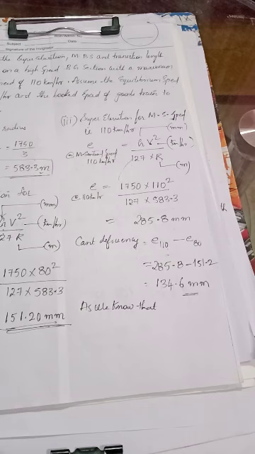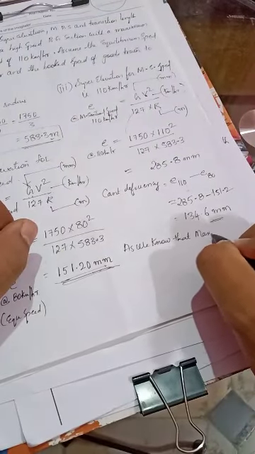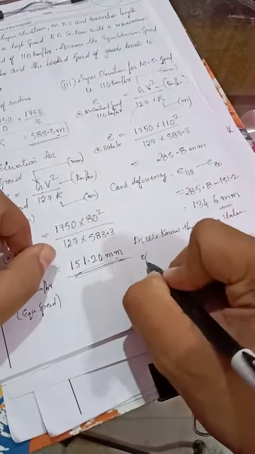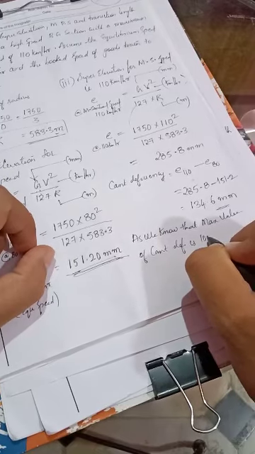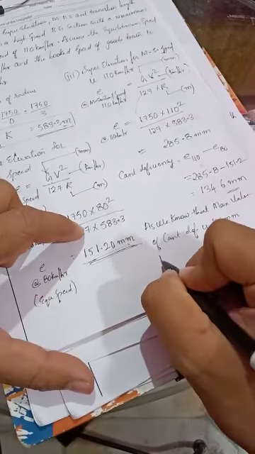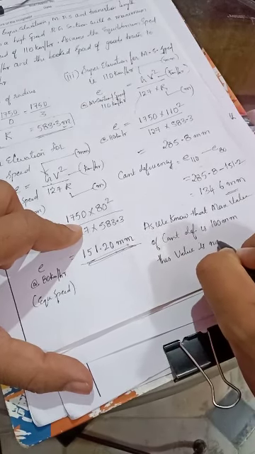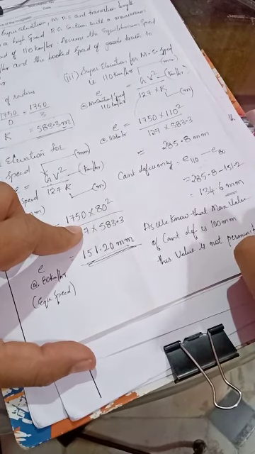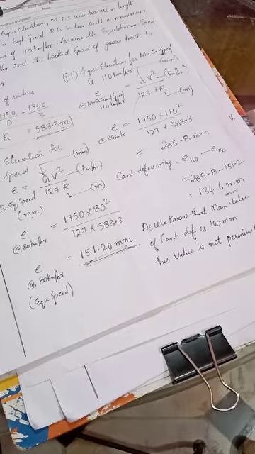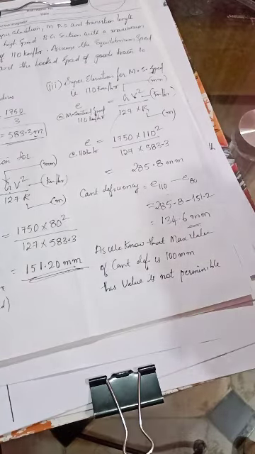So what do we need to do? We need to limit this value to 100 mm. As we know, the maximum value of Kant deficiency is 100 mm. This value, 134.6 mm, is not permissible.